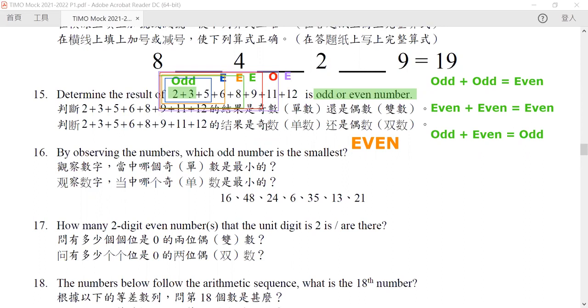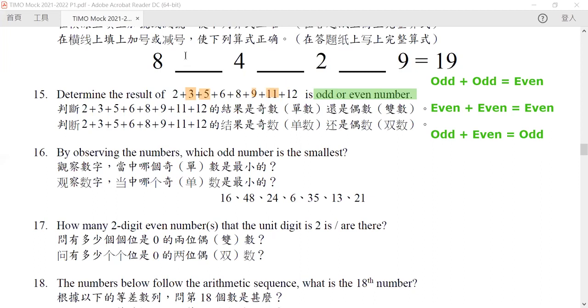Now another way to finish this question is to count how many odd numbers are here. You can see that our 3, 5, 9, and 11 are odd numbers. So they sum up into an even number.